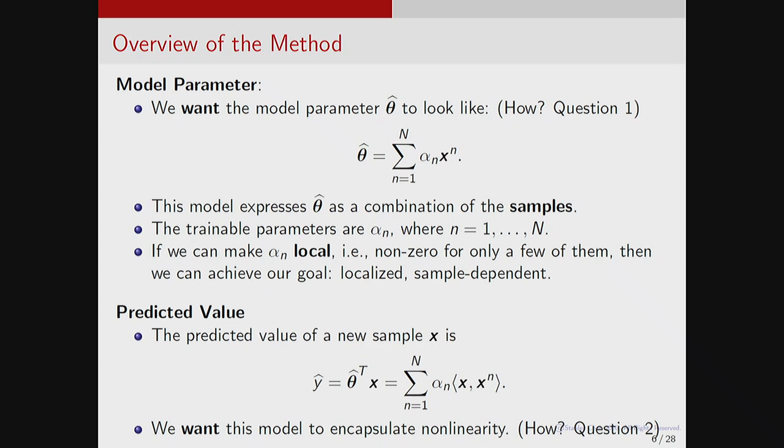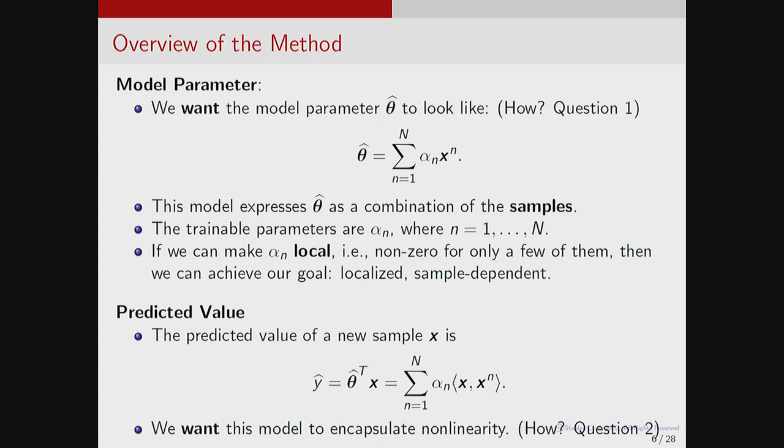Okay, so let's look at these two questions. Question one is, how can I ever write my prediction model as a linear combination of the input data points, something that is not so trivial if you think about the linear regression equations. Right? Question two is, fine, I want to make a prediction, and then how can I determine this alpha? I need to find out this alpha.